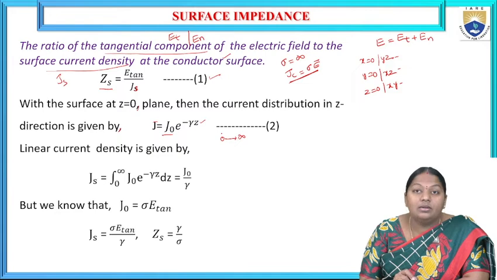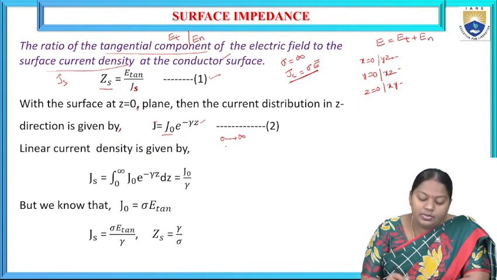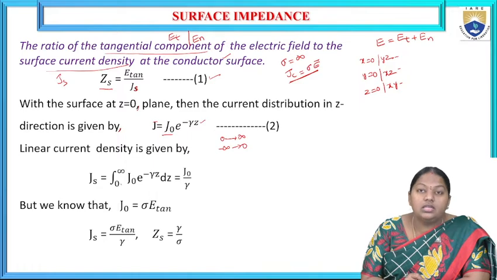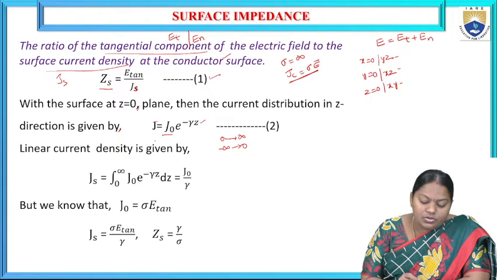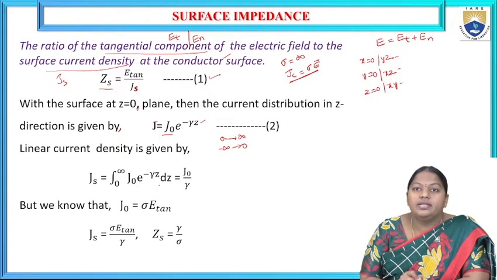Suppose if we consider a backward direction wave, then the limits will become minus infinity to 0. So for the forward direction wave, the integration limits are the lower limit 0 and the upper limit infinity. Then substitute J by J naught into e power minus gamma z dz.